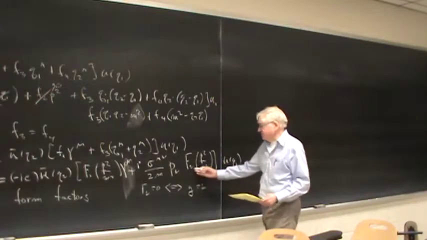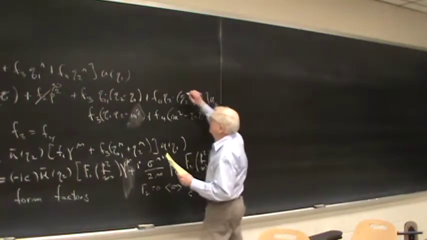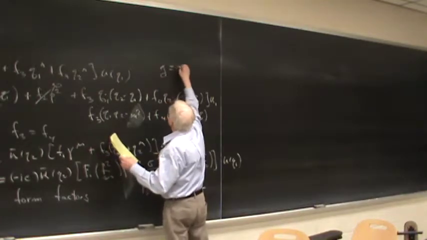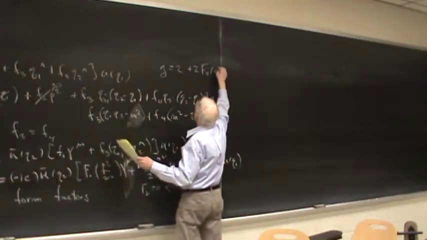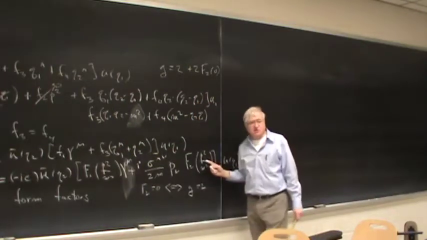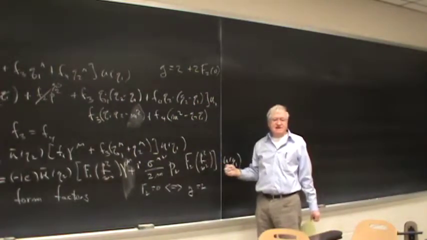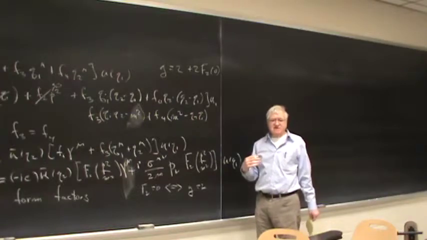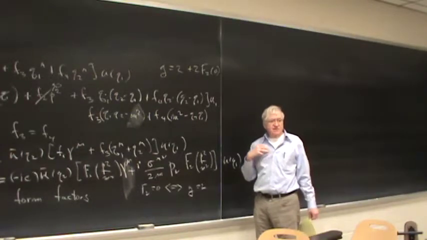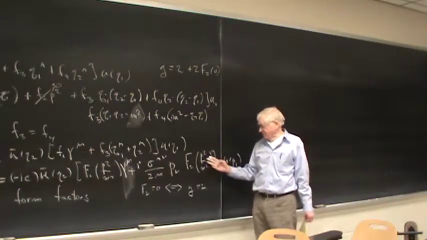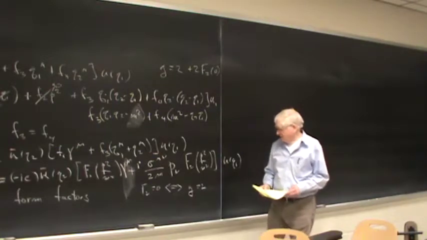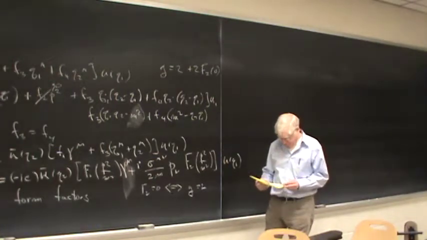And so this F2 is defined in such a way that G is equal to 2 plus 2 F2 of 0. Why 0? Well, because we're talking about the magnetic moment in the sense of a static magnetic field. So the frequency of the photon is 0. And so we're thinking of this thing as low energy.